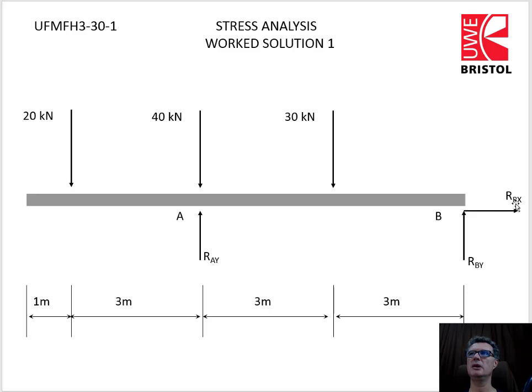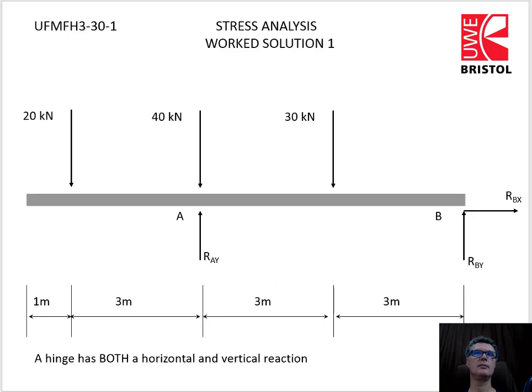So this is my point B of interest. Notice that it is R subscript B. This one is going along in the X direction, so it's R subscript B X. And this one is pointing upwards, so it'll be R subscript B Y. So now we've got forces going down, and we've got these reaction forces.